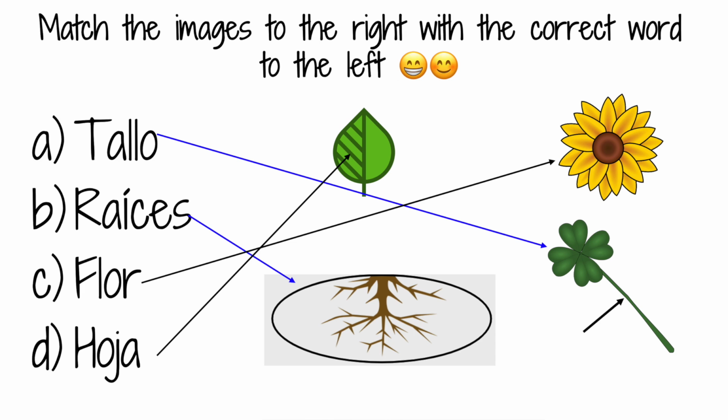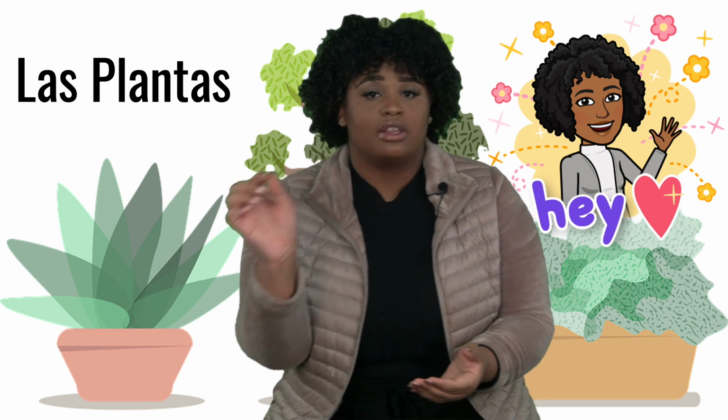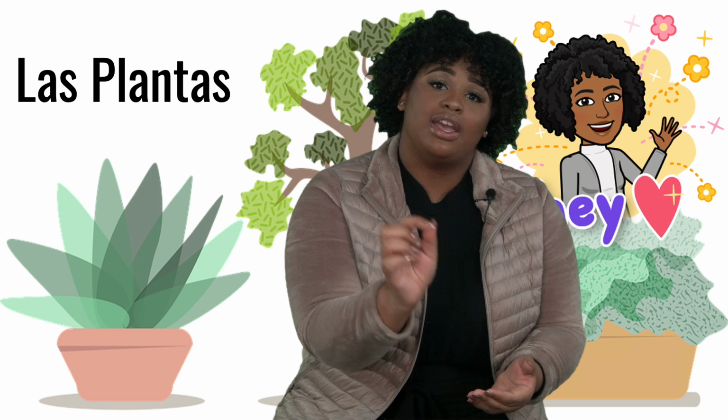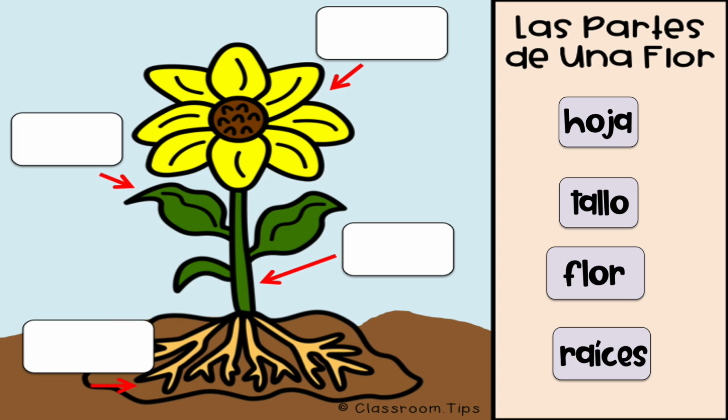So now, in this picture, ahora en esta imagen, tenemos una flor, okay? And we are going to put the parts of the flower into the correct boxes, but now in español, okay? Starting with hoja, empezando con la palabra hoja, where could we place hoja to represent what that means in English?